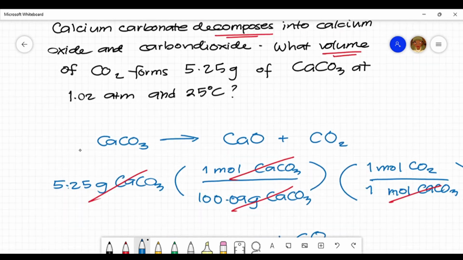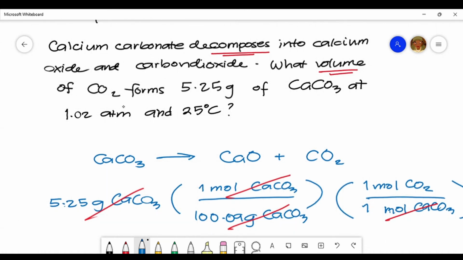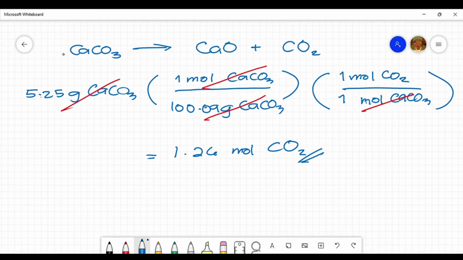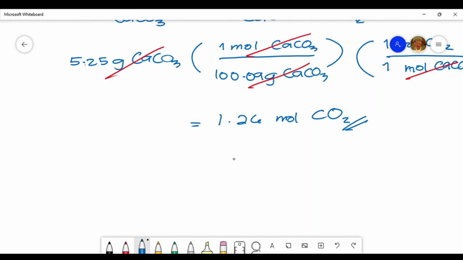The most final answer that we want is the volume. What volume of CO2 do we need? Okay, so now since this is mole, this is our N, right? So let's write what we have so far. We have N equals 1.26 mole of CO2. We know that our pressure is 1.02 atm from the given.